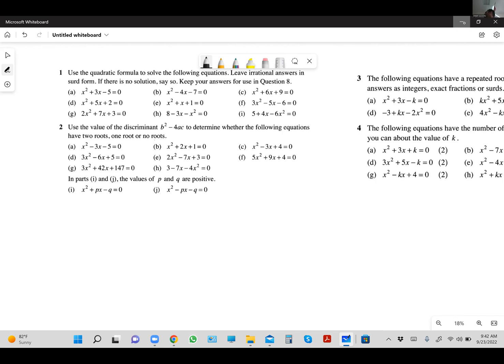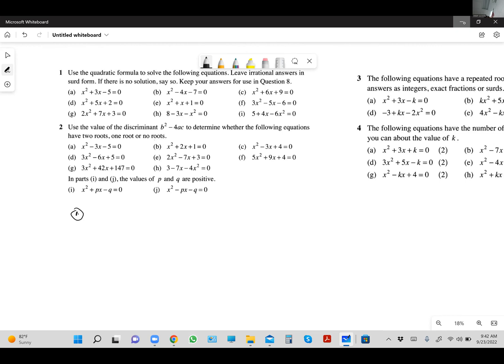Look at number 1. It says use the quadratic formula to solve whatever. If there's no solution, keep your answers for use in question 8. All right, so which one do you want me to do from number 1?